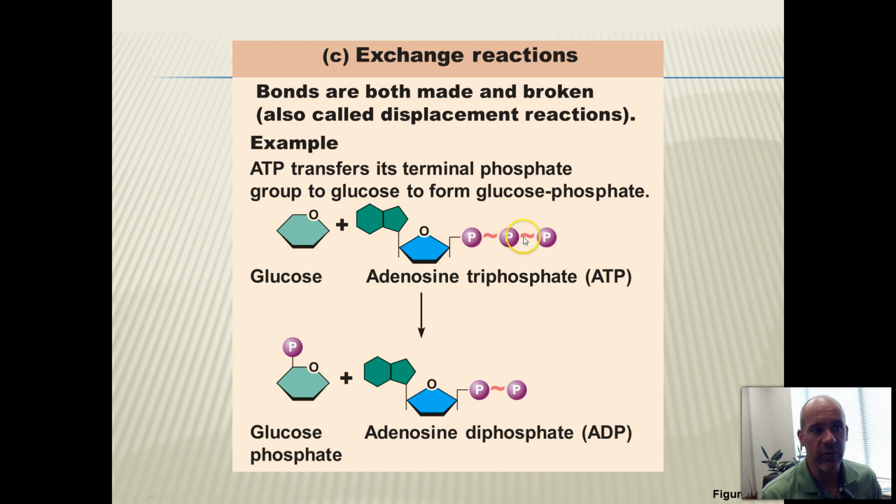Where you had 1, 2, 3 of those phosphates, now you've only got 2, so it becomes adenosine diphosphate. All right, so these were your reactants, and these were your products. And that reaction involved an exchange. This guy sent a phosphate over there, and you did some rearranging between these molecules. That's an exchange reaction.